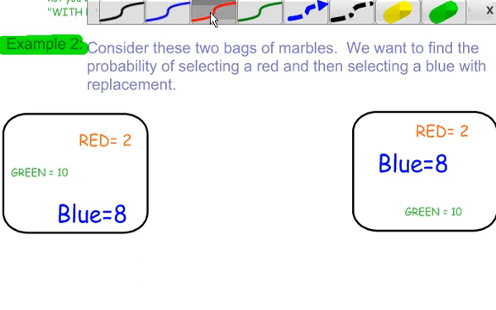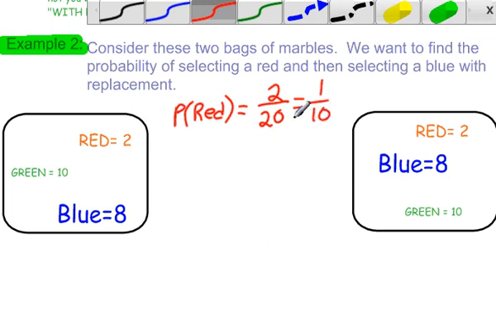The probability of red is equal to, well, since there's just 2 red marbles in there, and the total number of marbles is 8 plus 10 is 18 plus 2 is 20, I have a 1/10 shot, after I reduce that, of drawing a red.